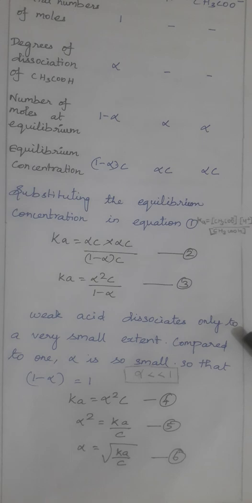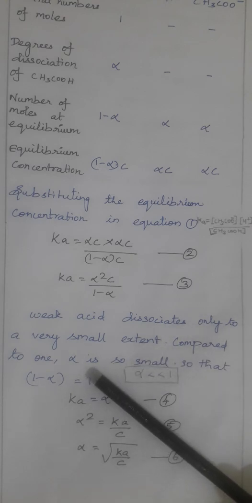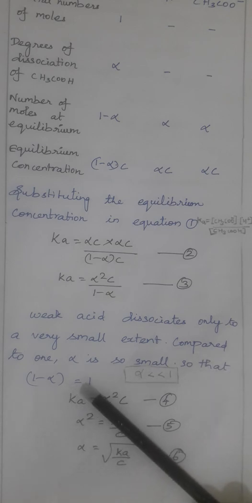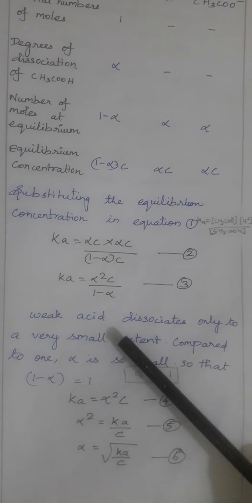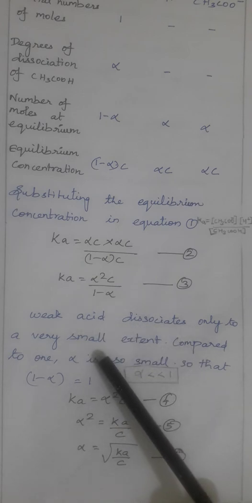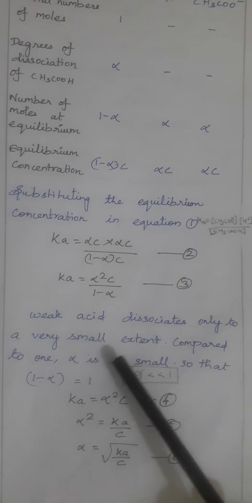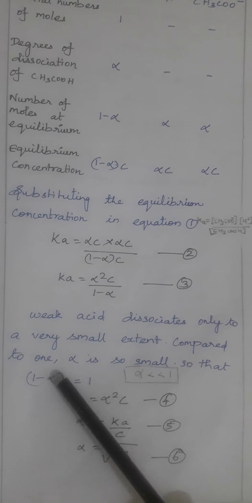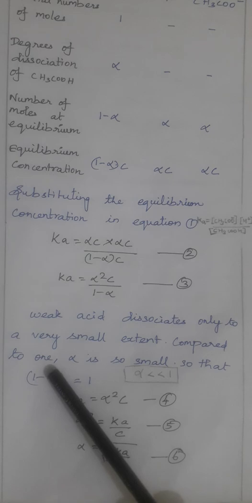A weak acid dissociates only to a very small extent, so alpha is very small compared to 1, so 1 minus alpha is approximately 1. Suppose the degree of dissociation is 0.001.